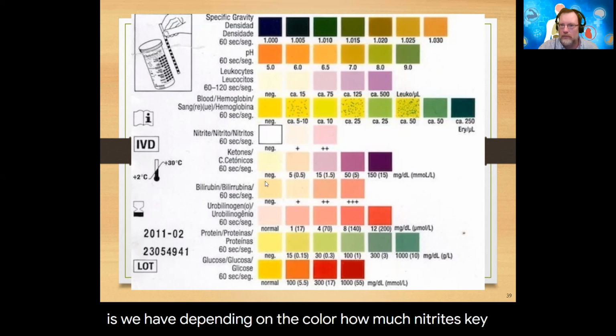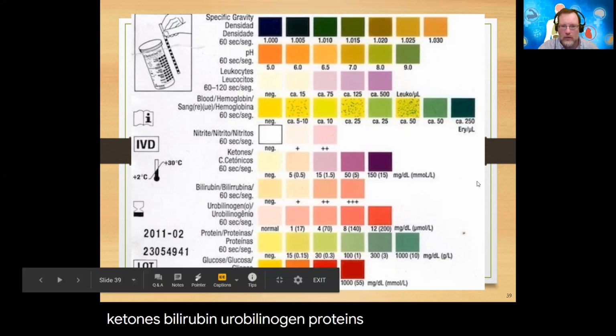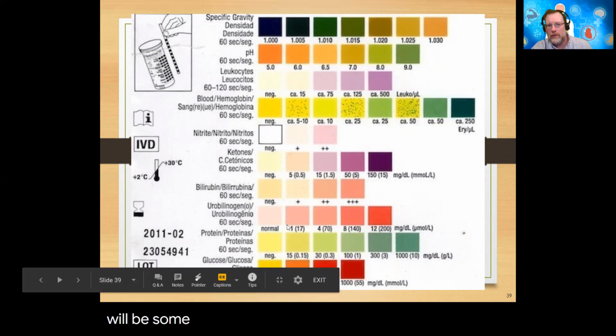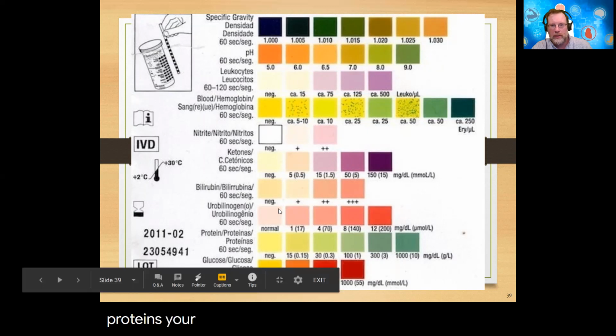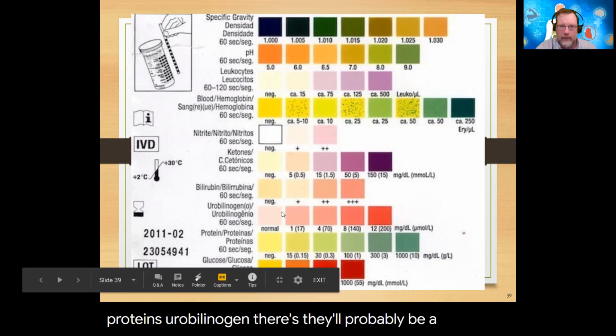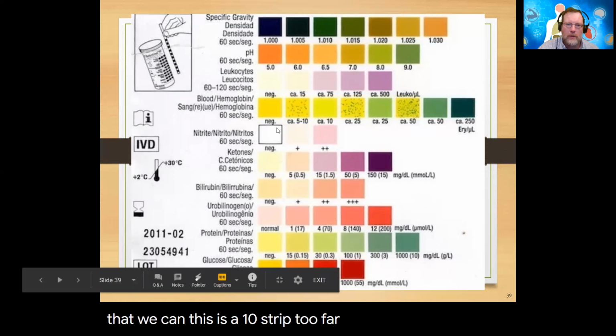Nitrites, ketones, bilirubin, urobilinogen, proteins, glucose. Again, there will be some glucose. There shouldn't be any of these big proteins. Urobilinogen, there'll probably be a little bit of that. So anyway, this is a 10 strip.